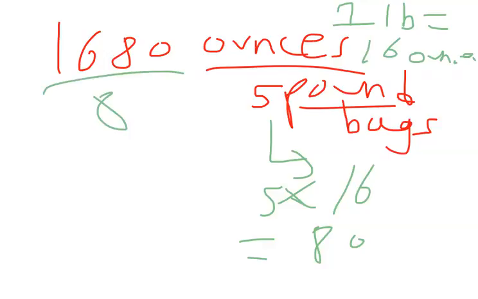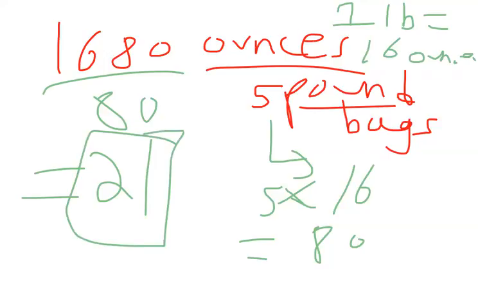So you just divide, and that will give you 21. So in that sense, you can pack 21 bags of 5 pounds, or 80 ounces. So 21 is your answer.